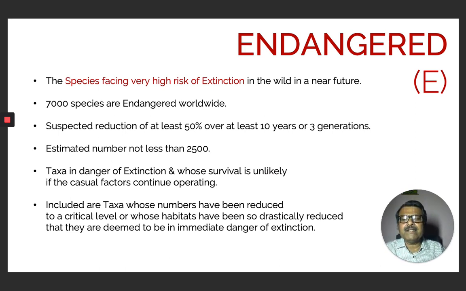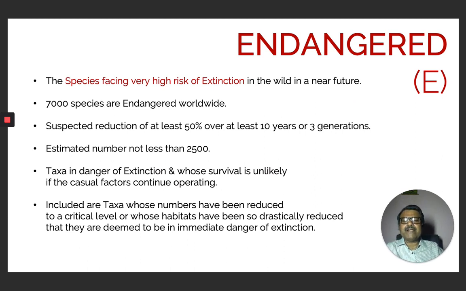The basis is, if the suspected reduction is 50% in the next 10 years or 3 generations, then such species are categorized into endangered species. And if the estimated number is 2,500 individuals available, then it is categorized into endangered category.